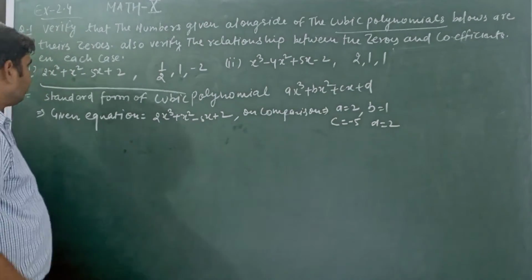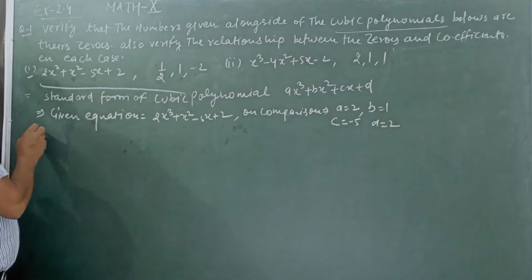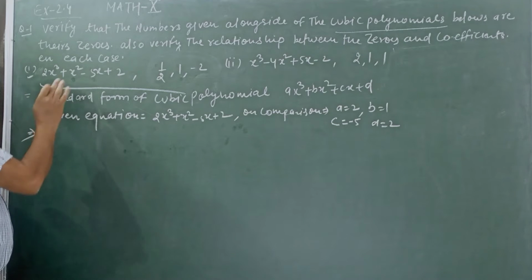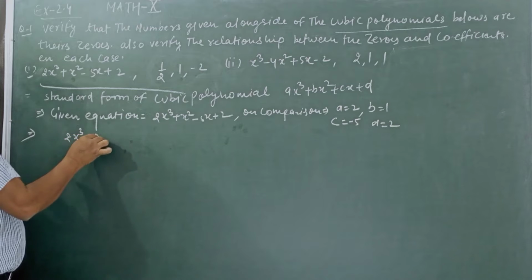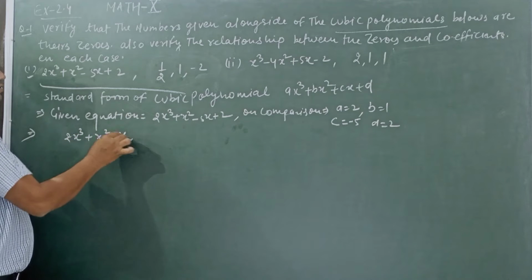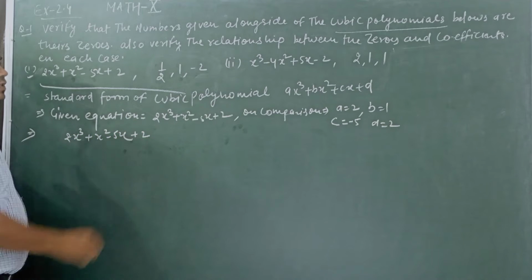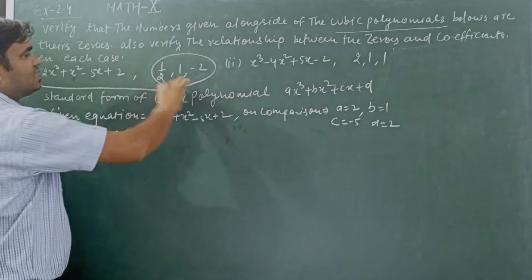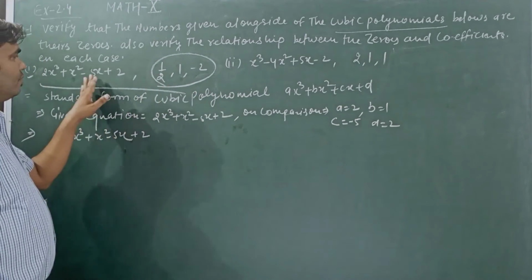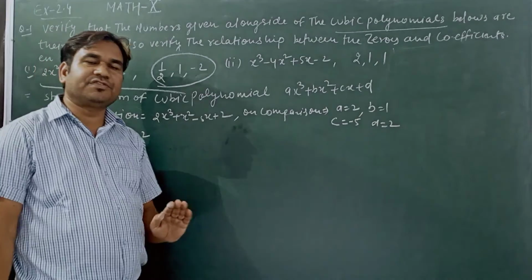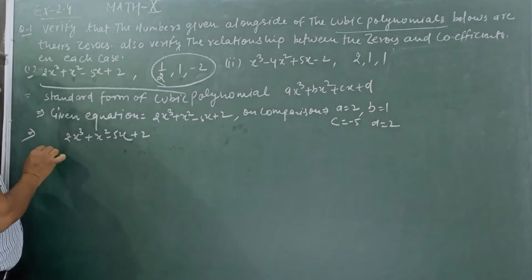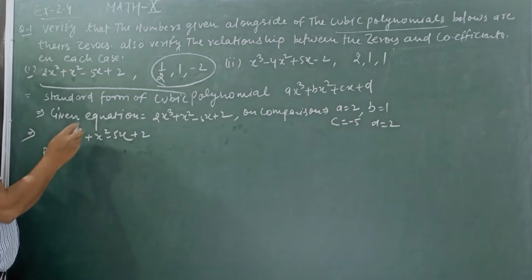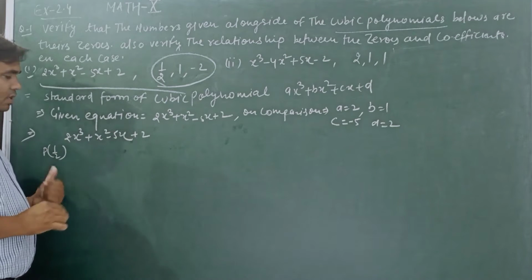So let me see. The equation is 2x cube plus x square minus 5x plus 2. If these are the zeros of this equation, it must satisfy the equation. So let me take one by one. As a polynomial, the value of x we take first is 1 over 2.